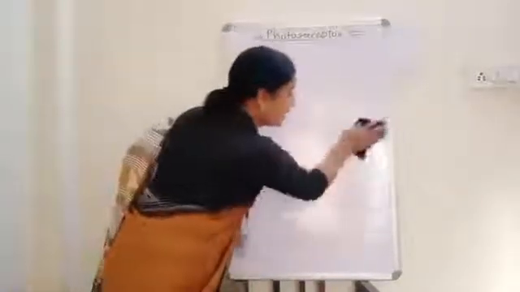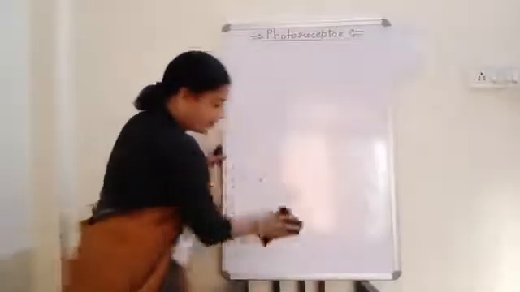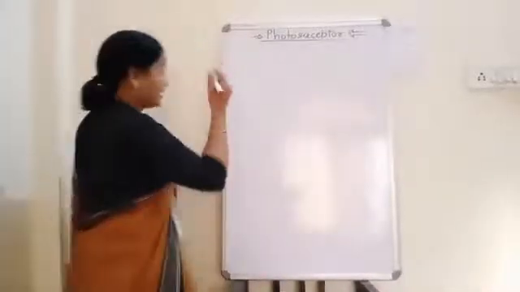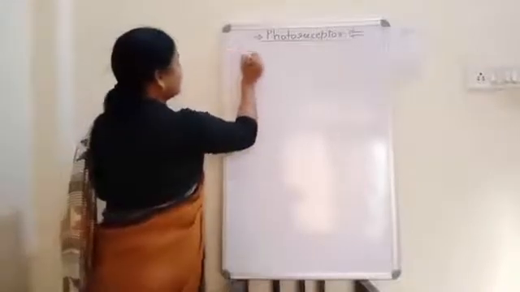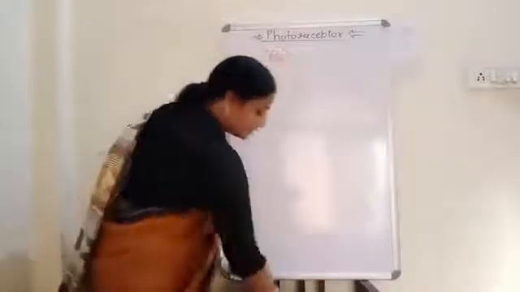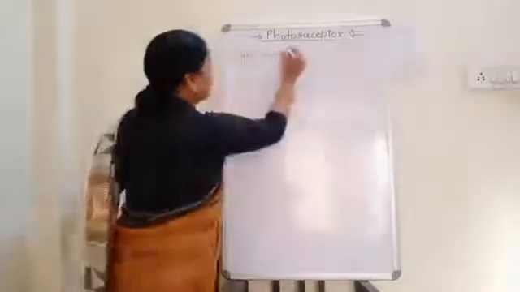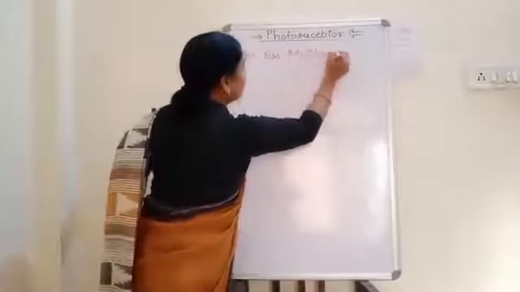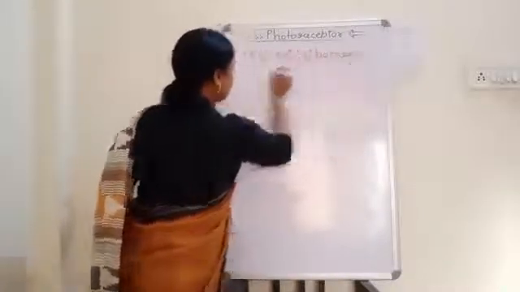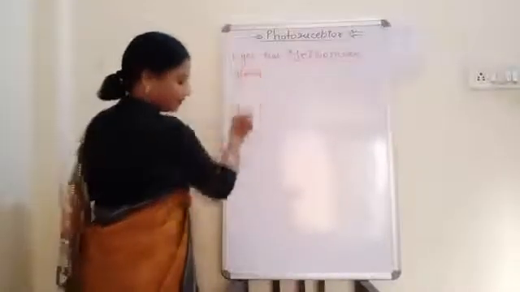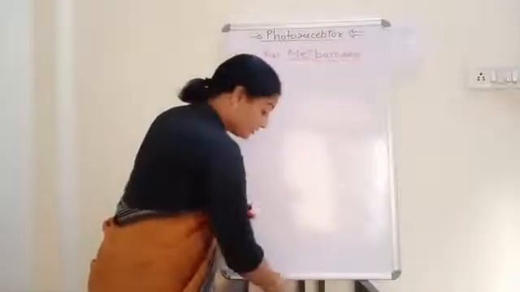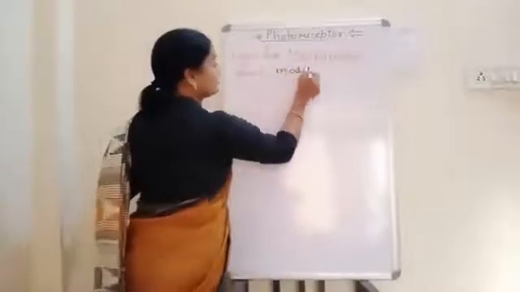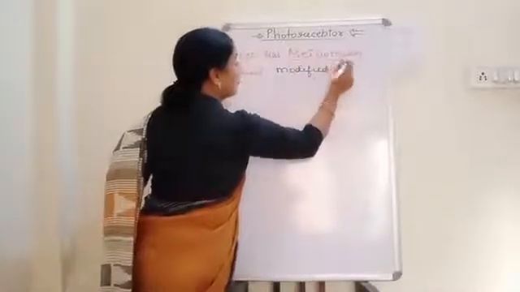Our eyes have the meibomian gland, M-E-I-B-O-M-I-A-N. Okay, because of this gland, children, this is a modified oil gland.